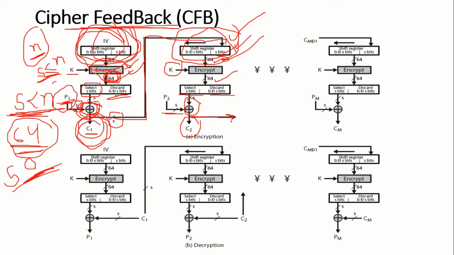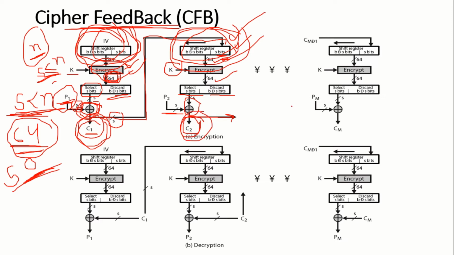In the third step, we will be feeding this C2 block into the shift register. How will we feed it there? We'll be shifting the contents that are currently there by s bits to the left, and we'll be adding these s bits into that register.